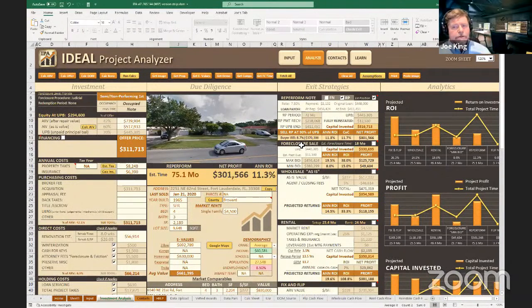Why is that important? Because you want to be able to sell that note at a decent rate when you're ready to sell it. So if you're not at 8% or above, it's going to be very difficult to unload that note, because you need to have that yield at a certain rate to sell it quickly. Otherwise, it'll sit there. So that's pretty important to understand.